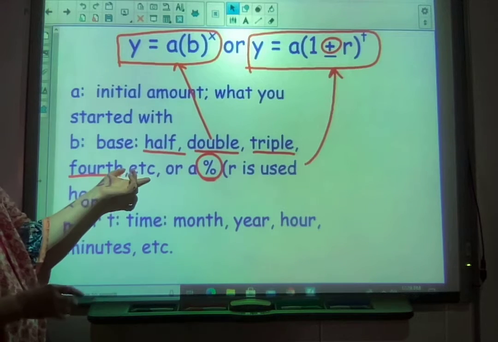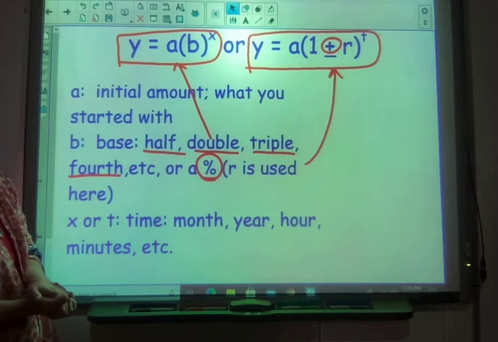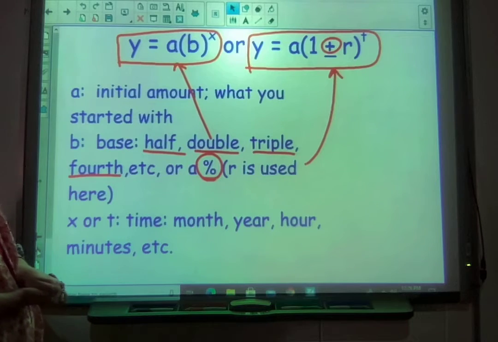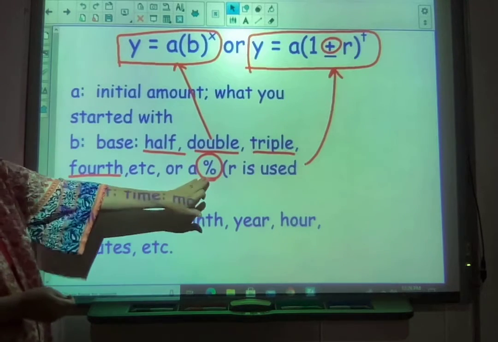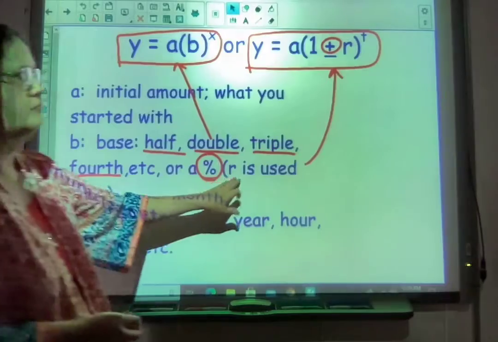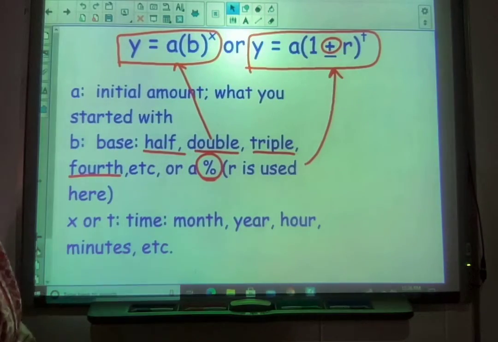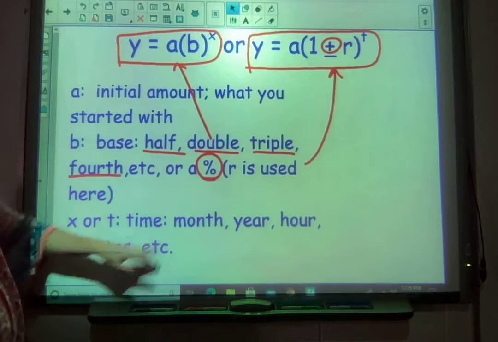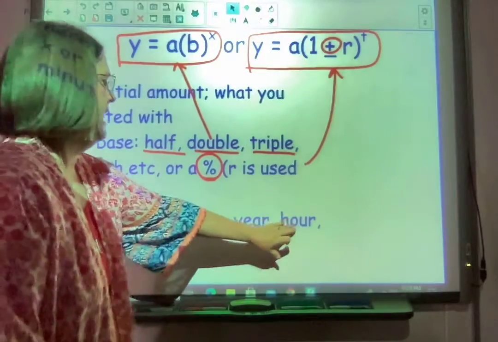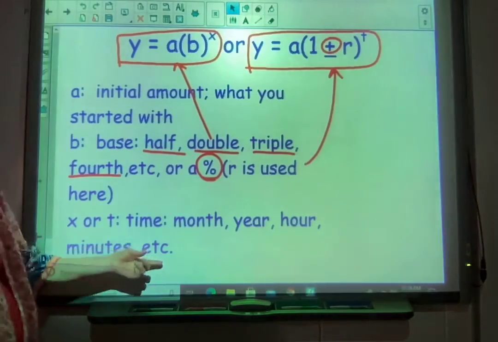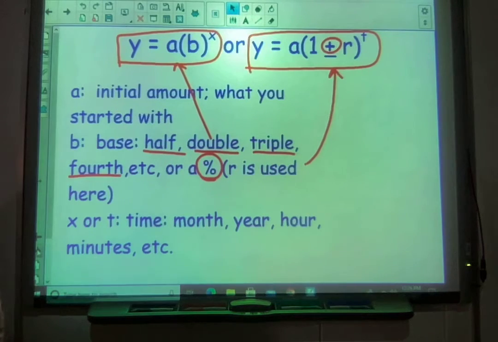I said et cetera because I just can't name them all that they might use. When you see a percent sign, that's when you use rate, this one with the r. Now x or t, which is time, is going to be months, years, hours, minutes, et cetera. So you just have to pay attention to what they're telling you.